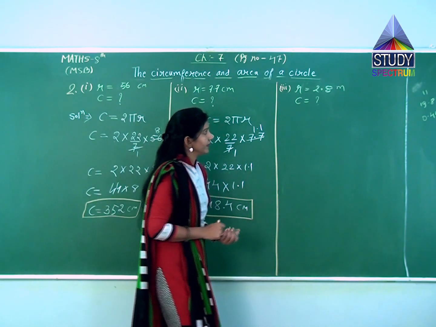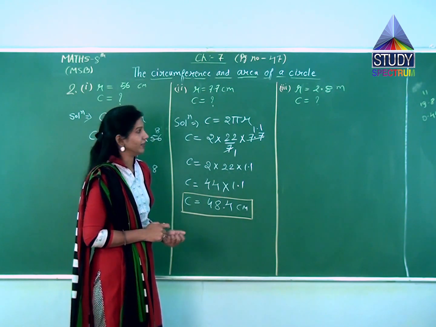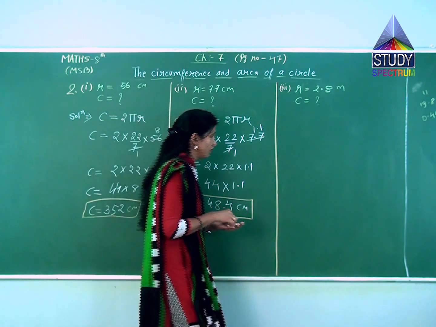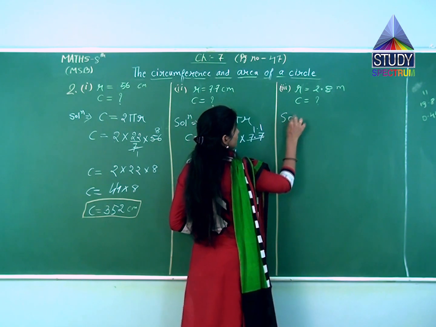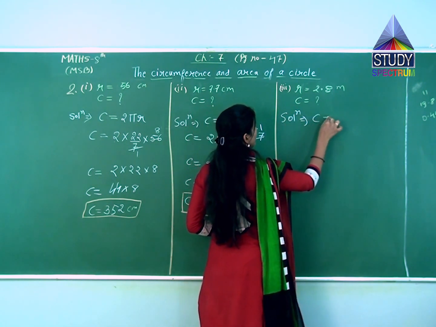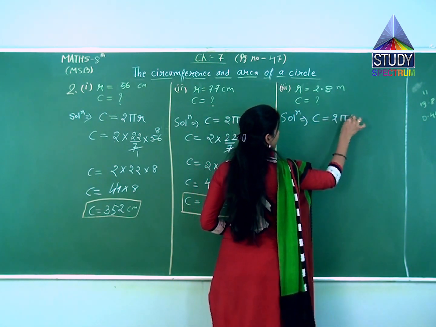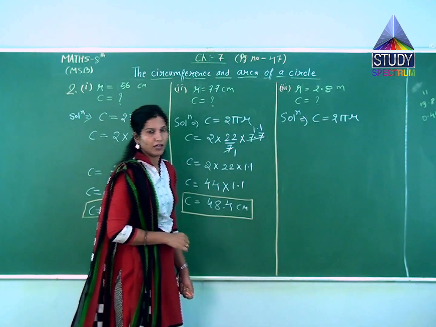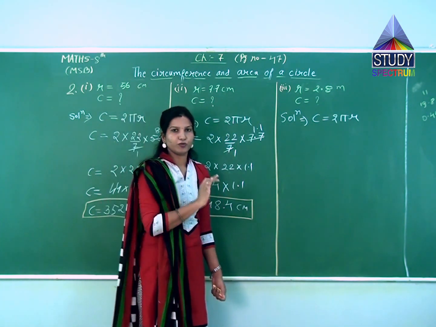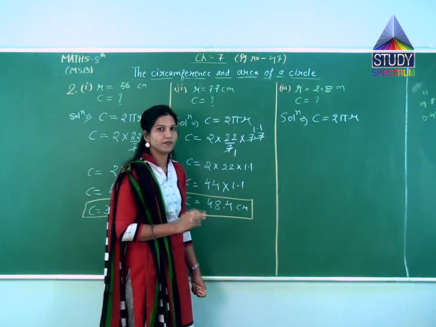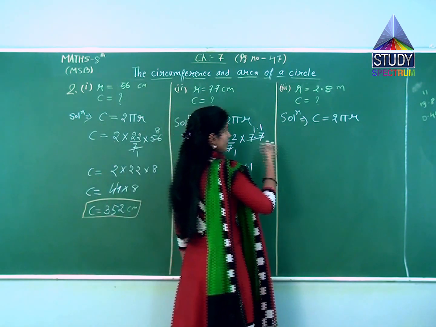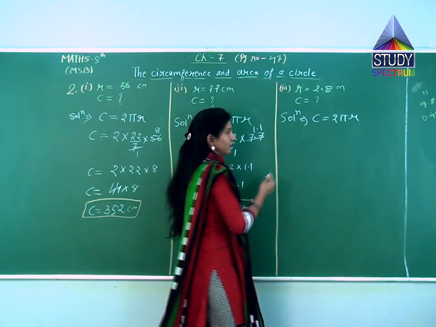In the third part, the radius is given 2.8 meter and circumference is to find. So, solution, again the same formula, C is equal to 2 pi r. I hope you have learned the formula completely by now. You have learned the formula now because we have applied this formula in so many questions.